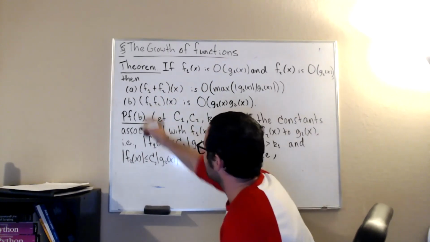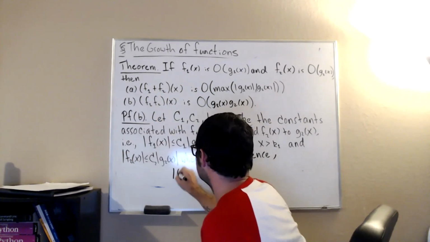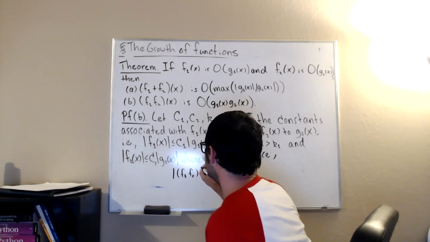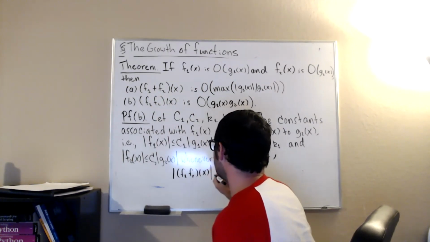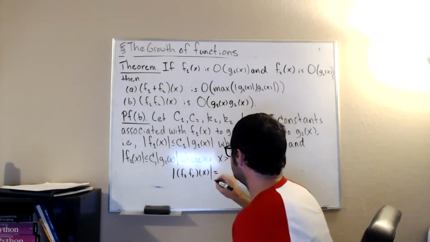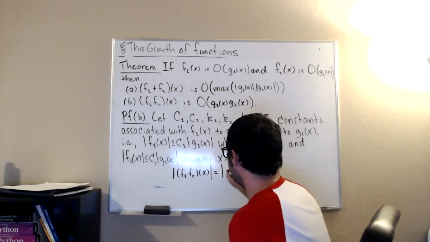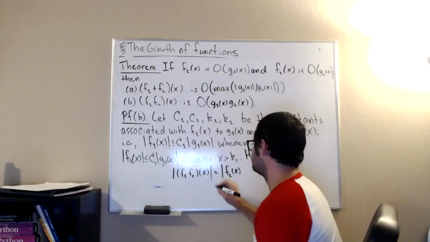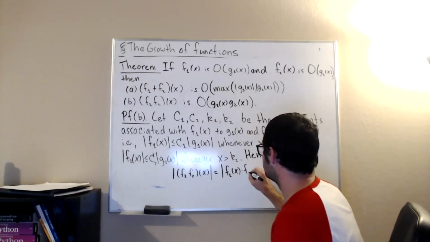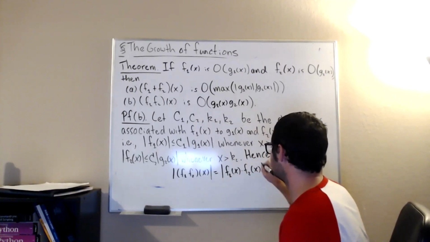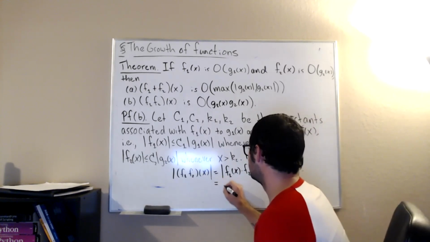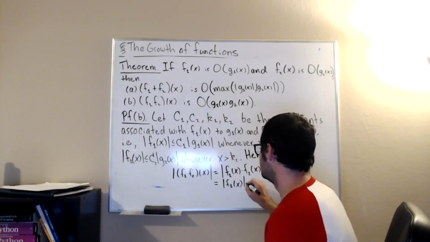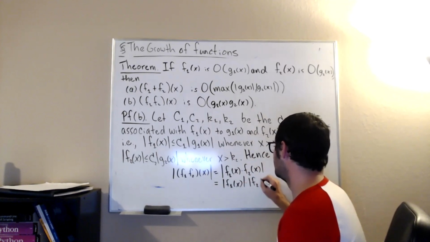if we look at the product, right, so f1 f2 of x in absolute value, that's equal to the absolute value of f1 of x times the absolute value of f2 of x.